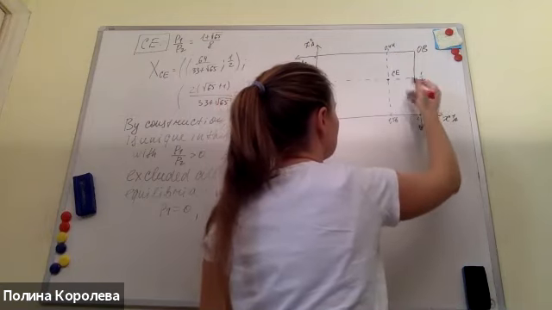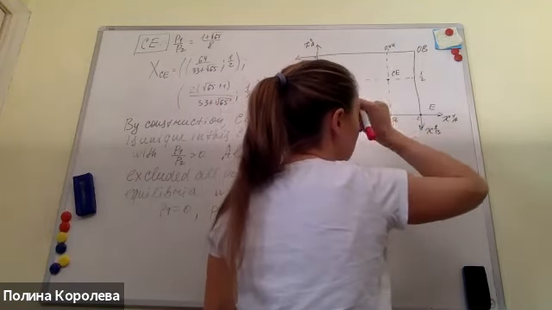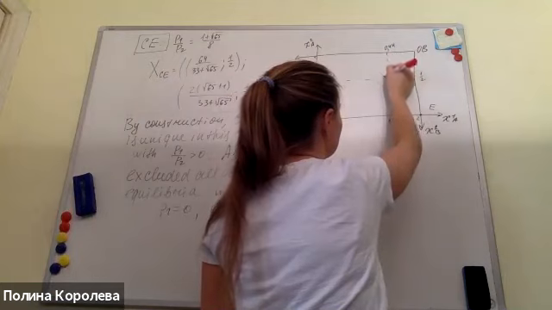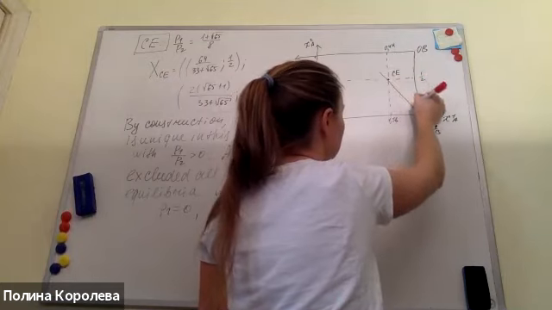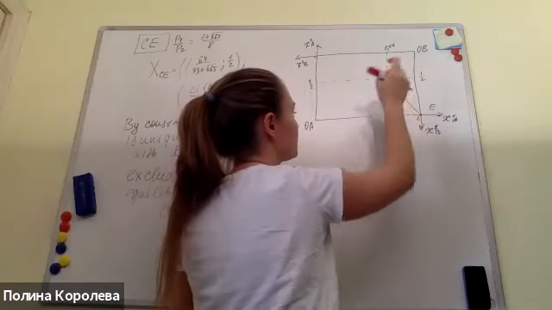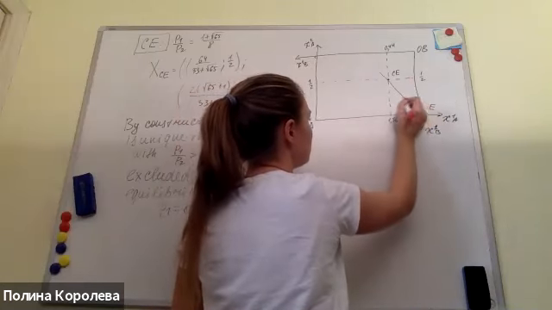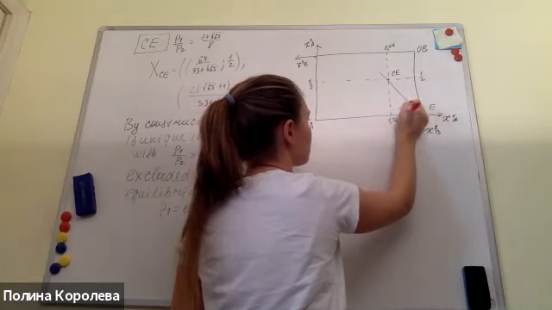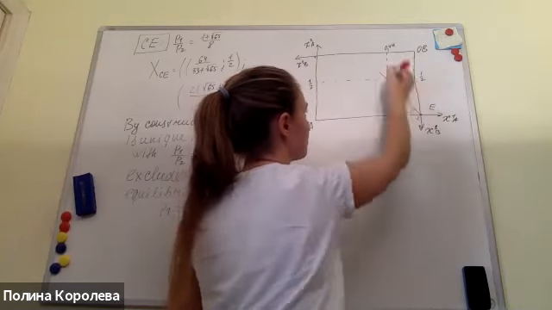So our budget constraint should move through 2 points, through the endowment point and the competitive equilibrium point. And this will be the equilibrium price ratio, the slope of the budget constraint.